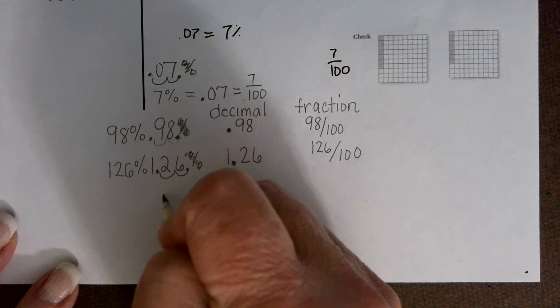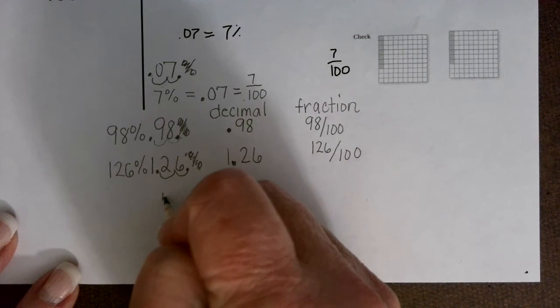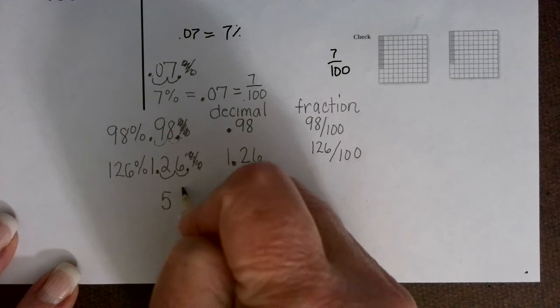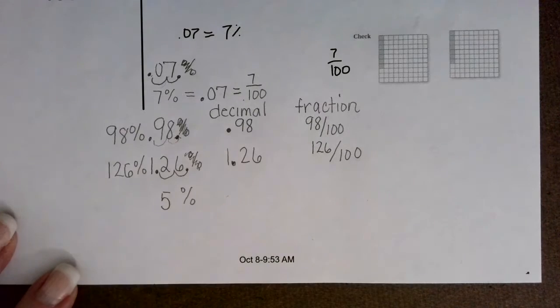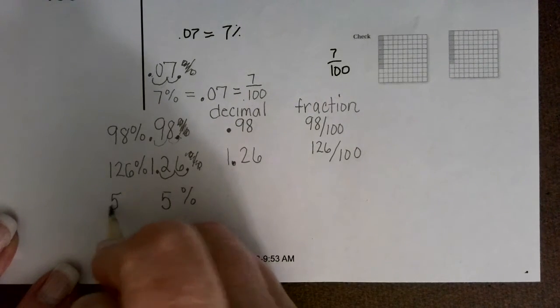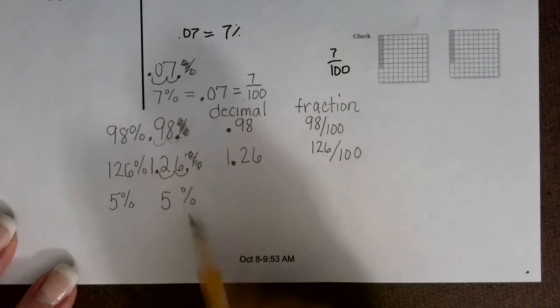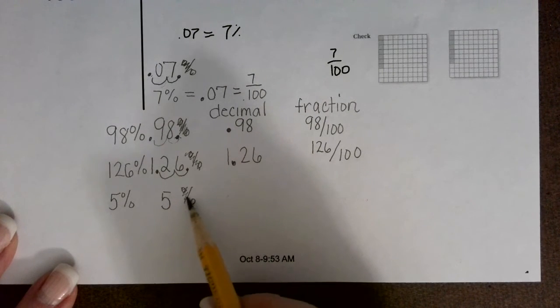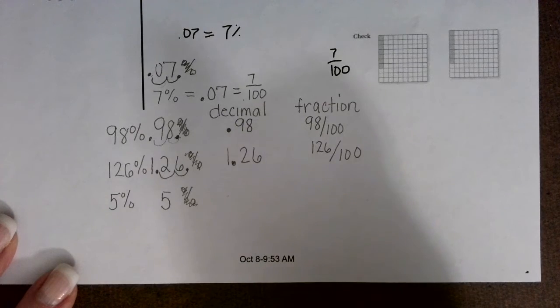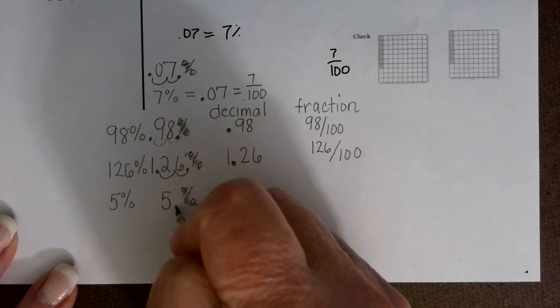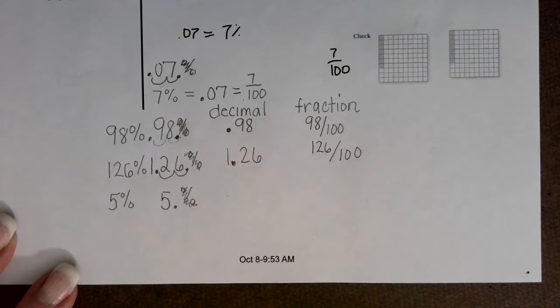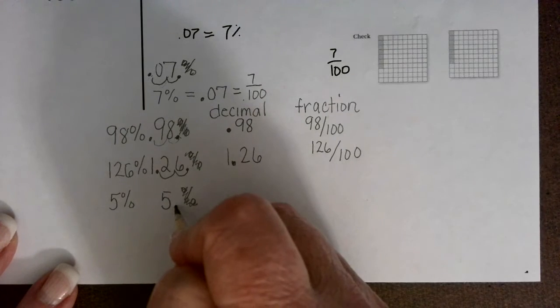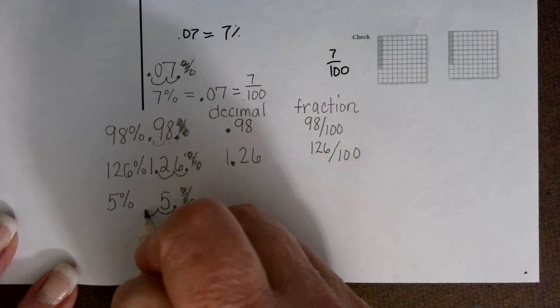So we did some more examples, and we worked on 5%. We're going to take away that percent sign. The decimal point is after the 5. We're going to move it 2 places to the left.